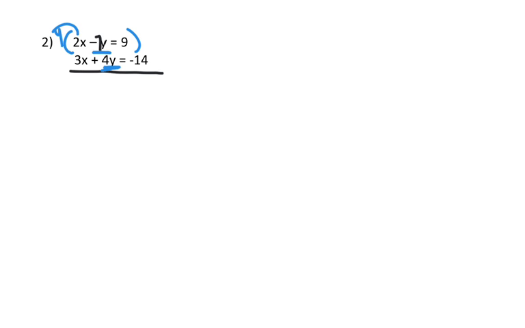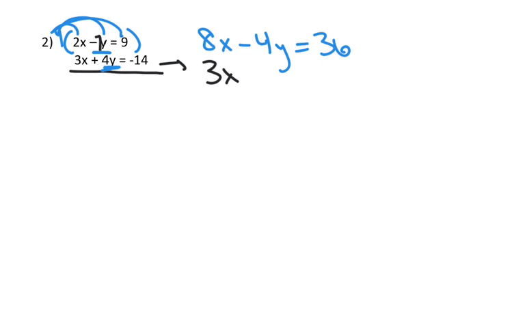4 times 2x is 8x. 4 times negative 1 is negative 4y. And 4 times 9 equals 36. This bottom one we're just going to carry straight over, which is 3x plus 4y equals negative 14. But now I'm going to add straight up and down.